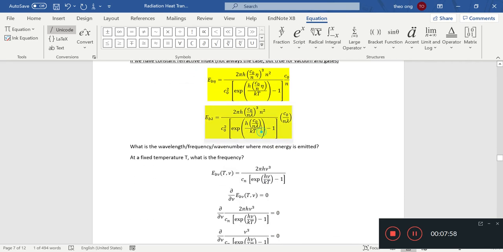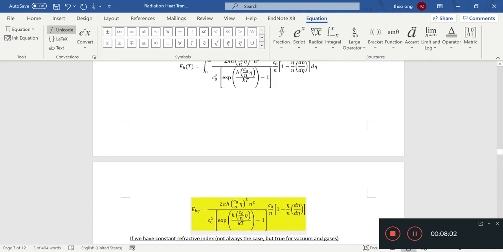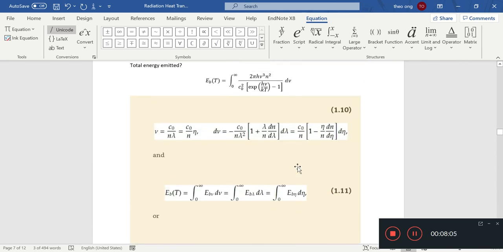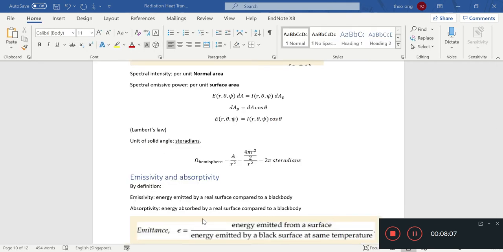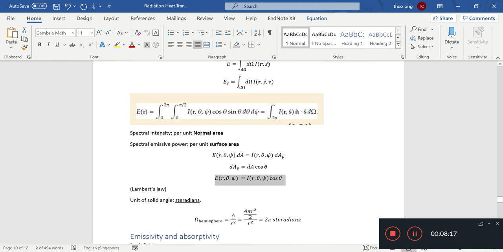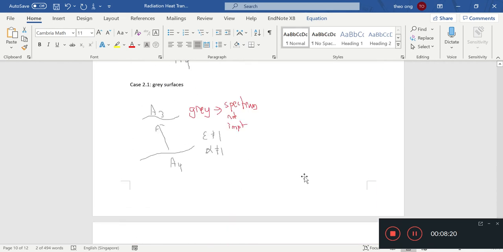So you can see E_B lambda is something like this. If you remember Lambert's cosine law, oh yes, Lambert's law is here. So you have the relation between the spectral emissive power and the intensity as well. So we'll put it here.